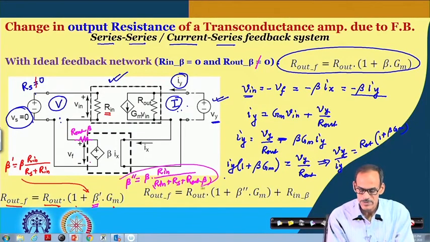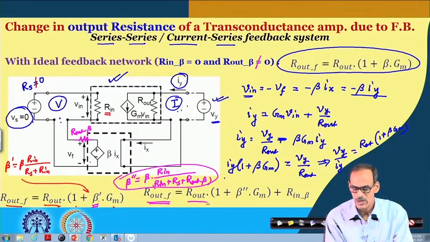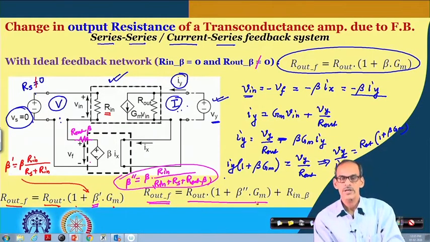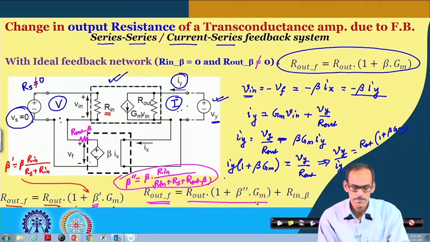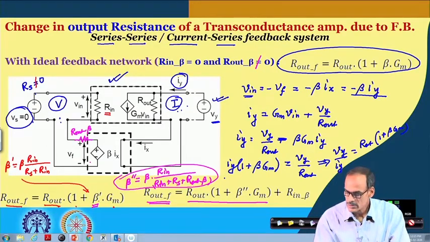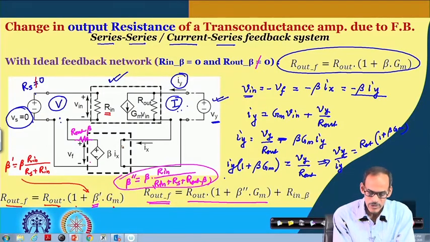So, with this expression of beta double dash, the output resistance becomes R out into 1 plus beta double dash into G m.